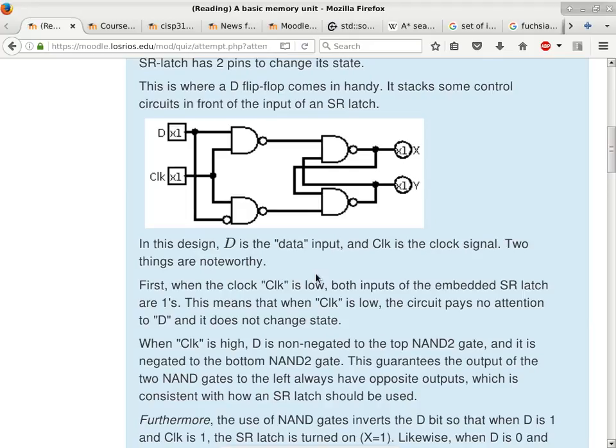Okay, so let's see what's going to happen when clock is 1 and data is 0. When clock is 1, both of these turn into just negations of the other pin. So D is going to be a 1 over here, and because D is negated before we get into the second NAND gate, it becomes a 1. 1 and 1 is 1, and then the output becomes a 0.